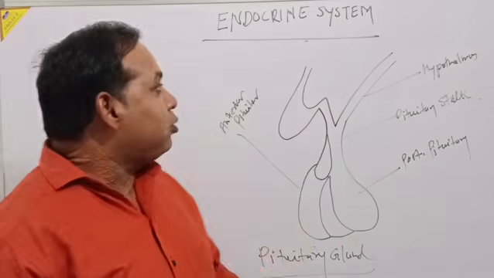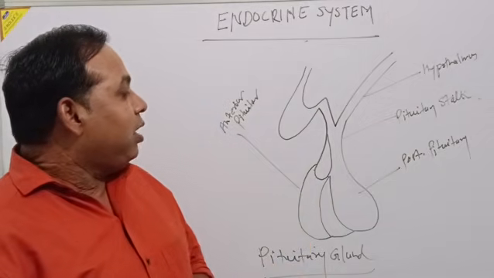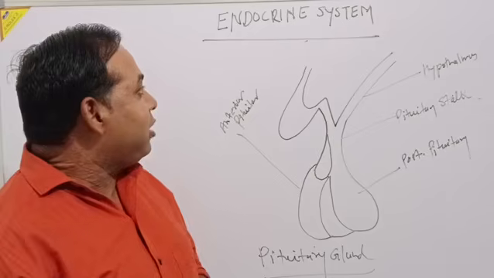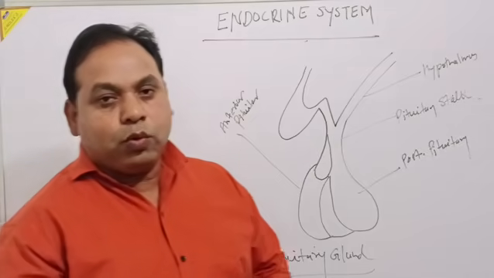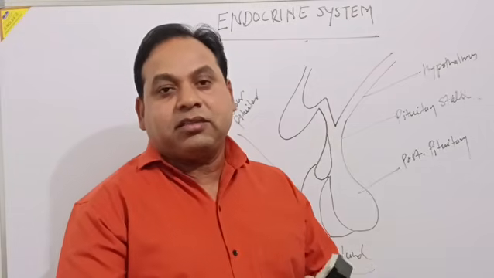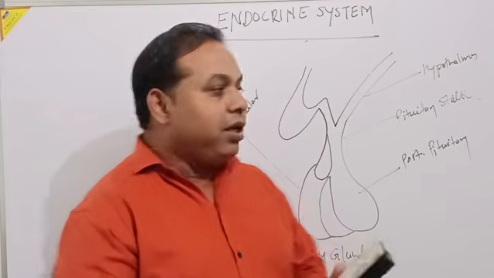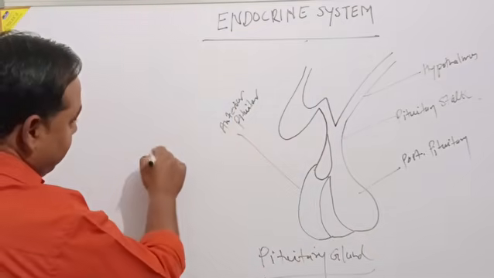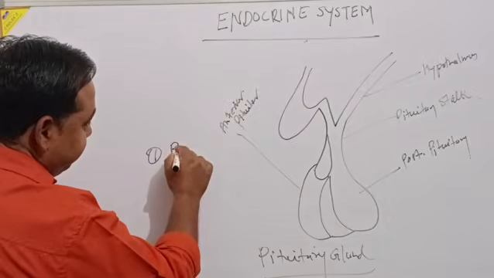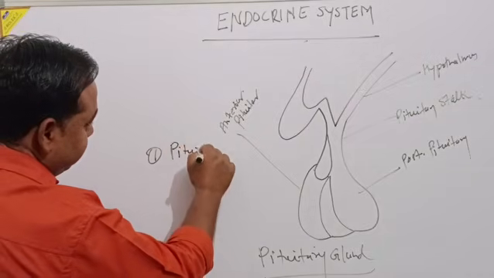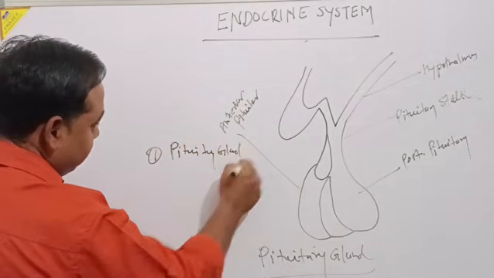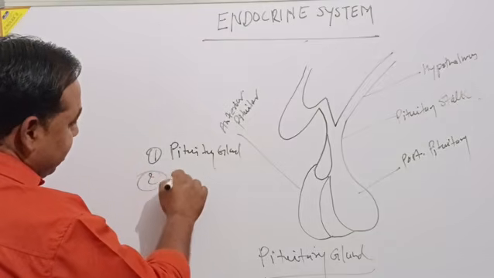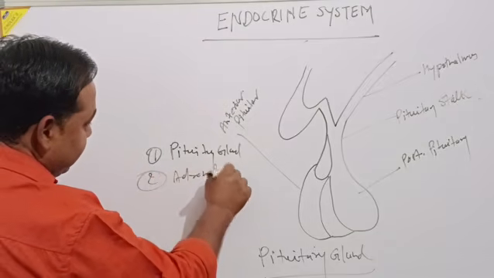Now, there are many glands inside the endocrine system. First one is the pituitary gland. Second one is the adrenal gland.